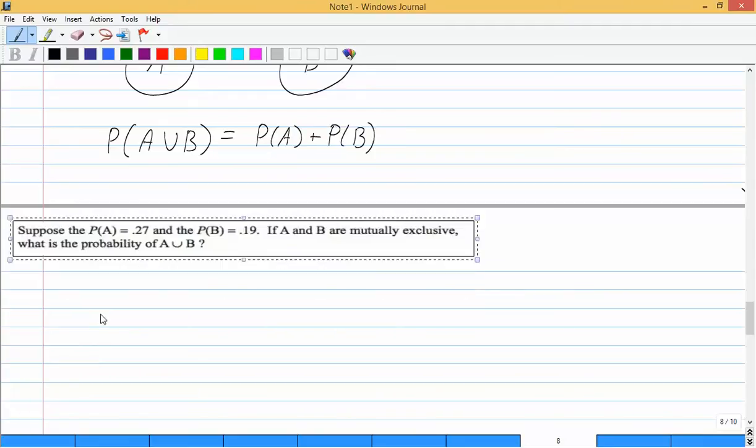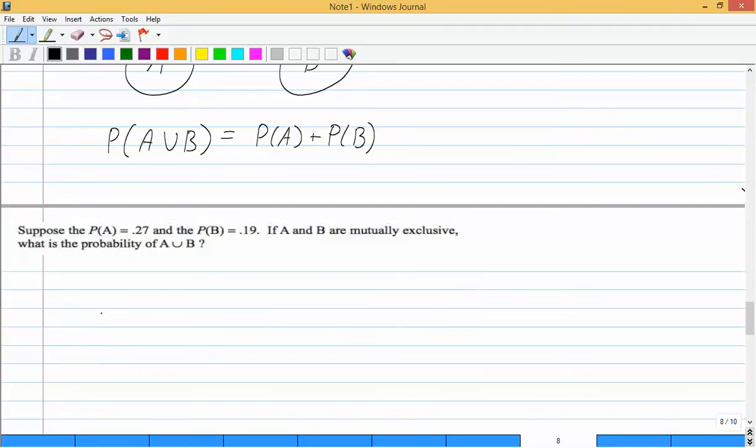Suppose the probability of A equals 0.27 and the probability of B equals 0.19. If A and B are mutually exclusive, what is the probability of A union B? Of course this probability couldn't be greater than 1.